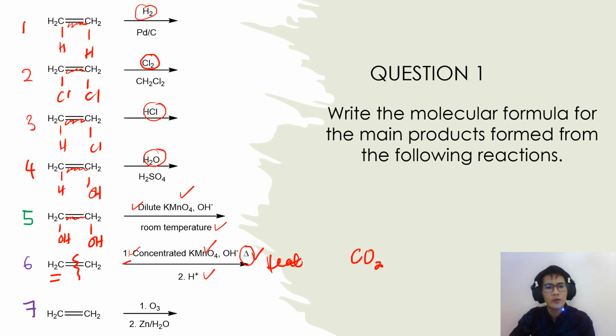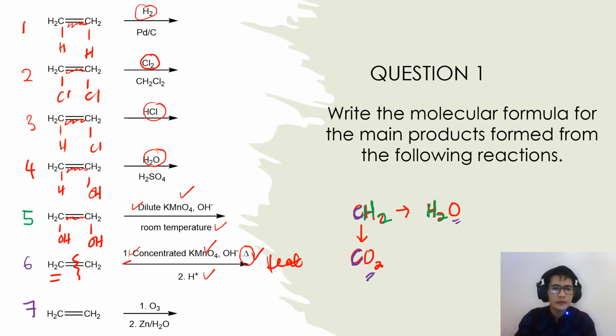The C becomes CO2, while the 2 H over here will form H2O. There is one C, it will form carbon dioxide. So the oxygen comes from the oxidation process.